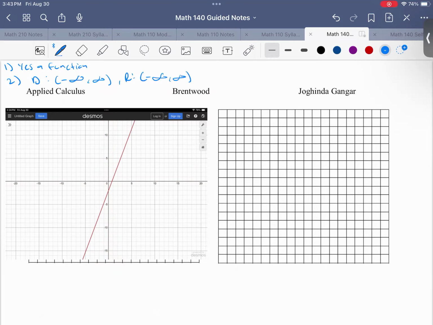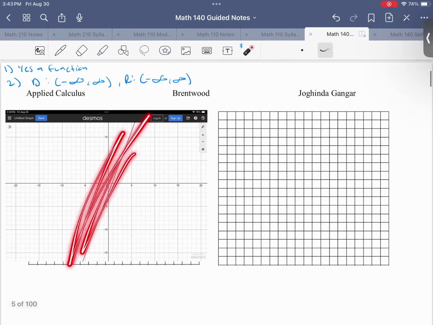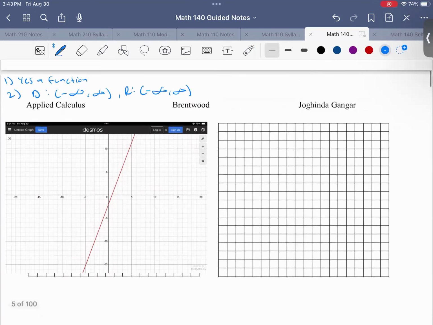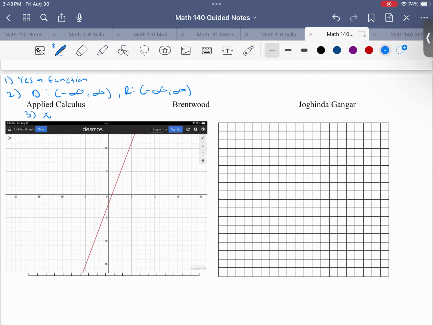And infinities are never included, so that's why it's always a parentheses and not a hard bracket. Okay, so I look at this graph, it's just a regular linear graph, and so I would say no restrictions on this thing. Okay, cool. So that's number one, right?